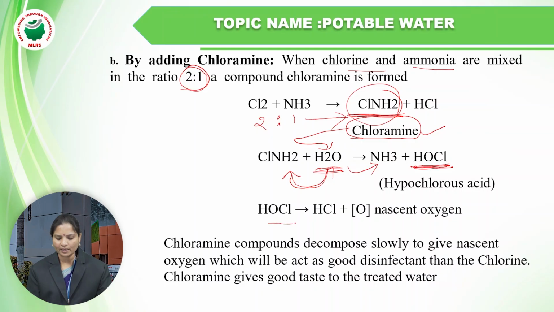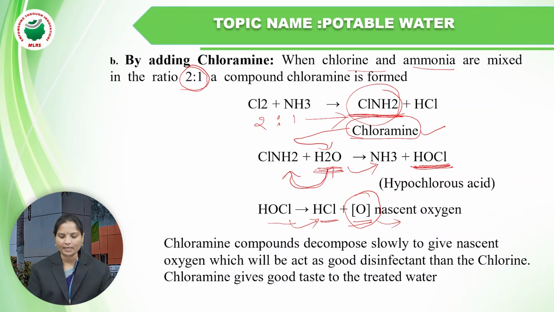This HOCl again decomposes to produce HCl and nascent oxygen, which is also a powerful disinfectant. Then the chlorination process takes place, and all the bacteria and germs are destroyed with the help of chloramine.